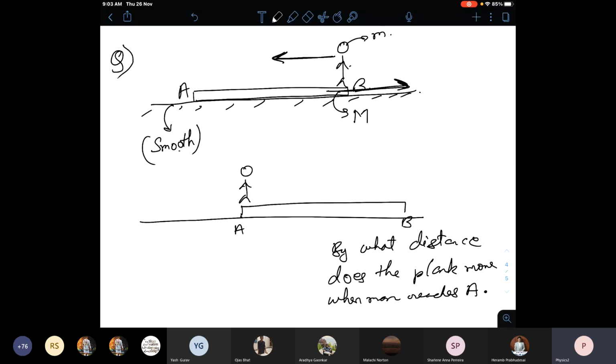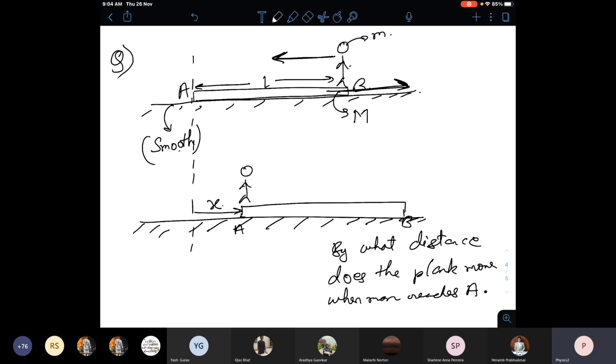He was moving on the plank, so relatively he reached point A. You can see that when he reached point A, the plank has moved by some distance x, the A end of the plank has moved by some distance x. You have to determine the value of this x, by how much this plank has moved.